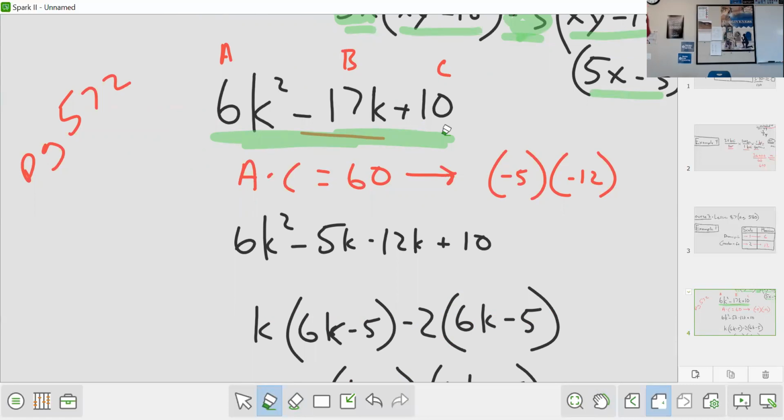And so the trick is to take the first term, the a term, and multiply it times the c term, and I get 60.